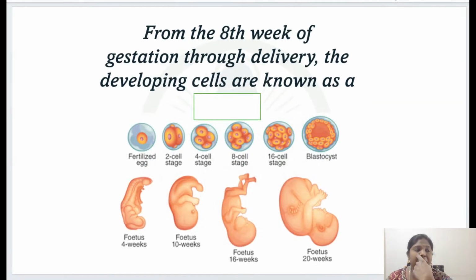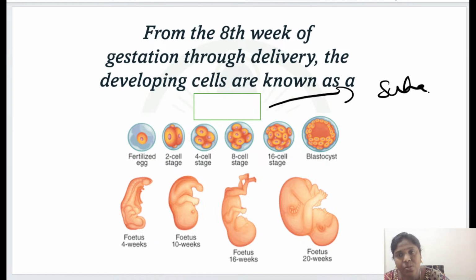Next question. From the 8th week of gestation through delivery, the developing cells are known as what? From the 8th week of gestation through delivery, the developing cells are known as. So, from the pregnancy till delivery, the developing cells are known as what? Okay, Suha. Suha is telling that is called the fetus.